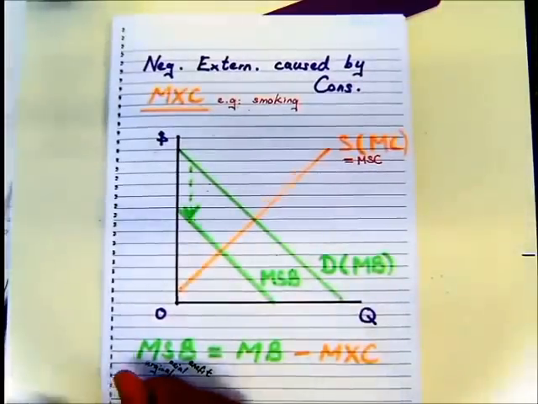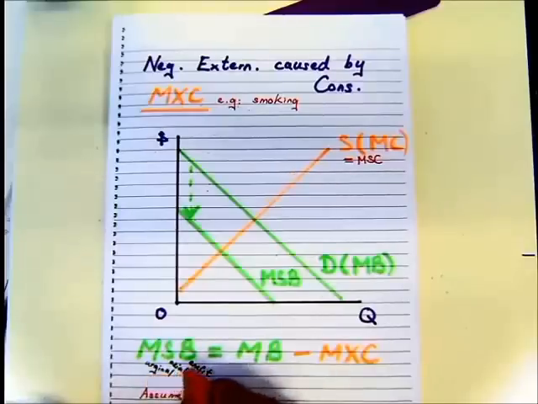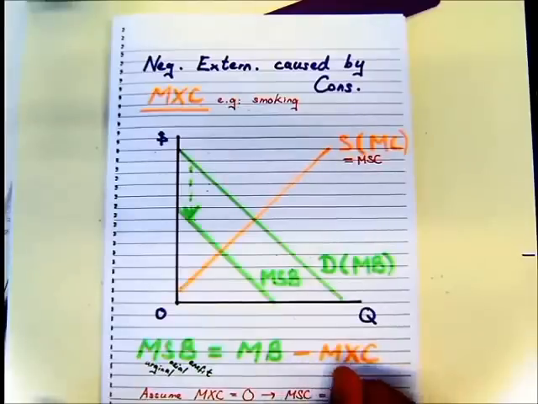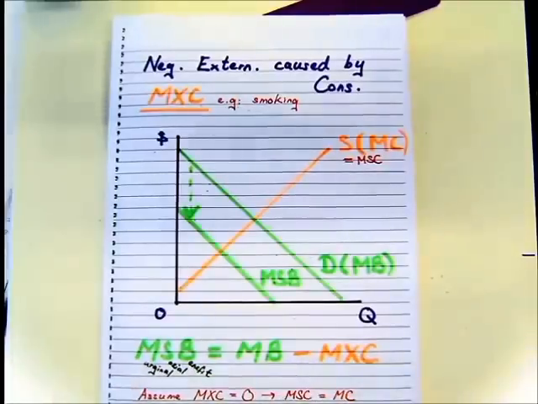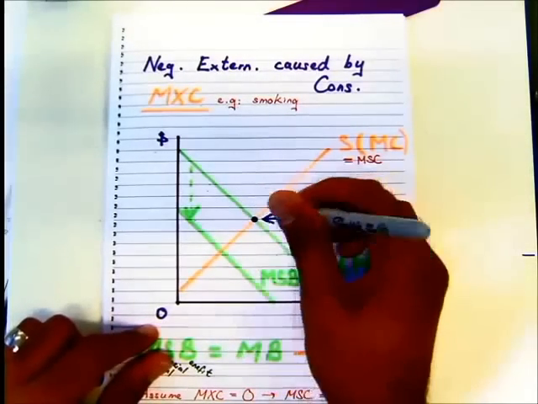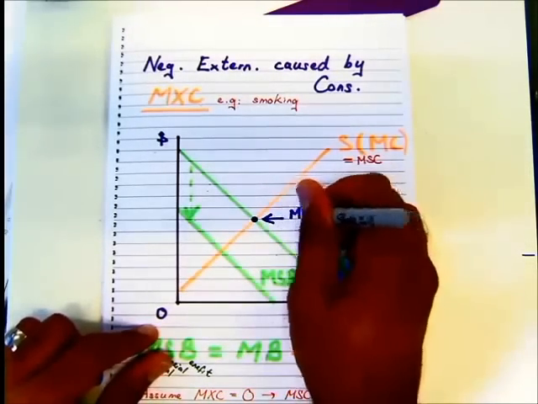I'm assuming, just for this example, the marginal external cost is 0. Therefore, marginal social cost equals marginal cost. The firm is producing here, yeah? This is where the firm is producing. This is the market equilibrium.